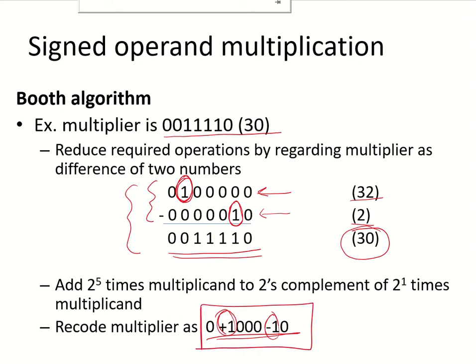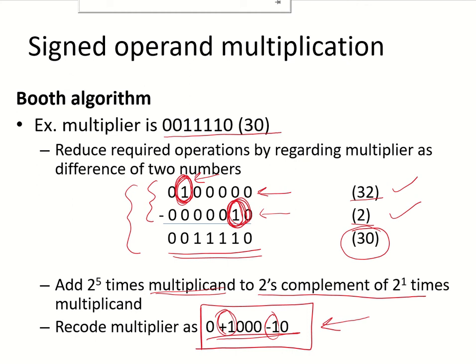What this will do is add 32 times the multiplicand to my 2's complement of 2 times the multiplicand. So this is 32 times and this is 2's complement of 2. So the multiplier 30 has been recoded as this number, which incorporates 32 as well as the 2's complement of 2.